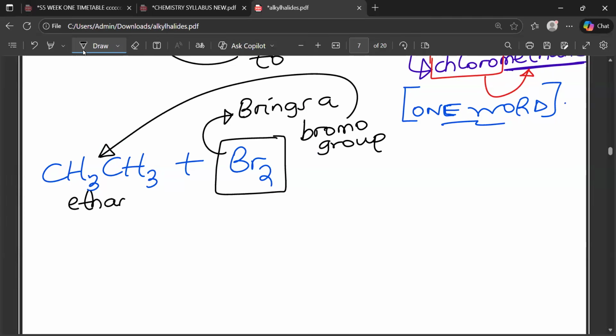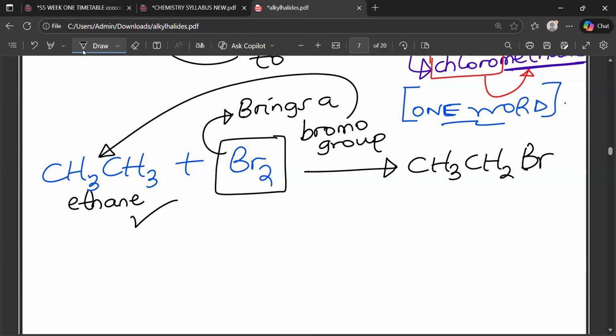And that's why we are going to call it bromo what? Bromoethane. Yes. And you all know what happens. One of the hydrogens is replaced by the Br. That's why which was H3, it becomes H2, and the other third hydrogen is replaced by the Br. I told you this in alkanes when we were talking about chlorination and bromination, so you can revisit that. Hope we are together there. So, because the Br2 brings a bromo group to ethane, that's why we say bromoethane.